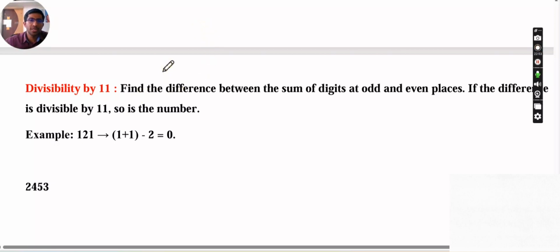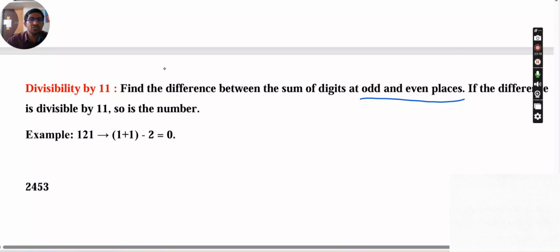What we have to do here is find the difference between the sum of digits at odd and even places. If any number is given, we have to check the digits at odd places and even places, in simple words, alternate places. We have to add the digits at alternate places and then do the subtraction.